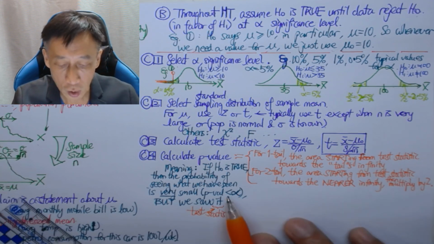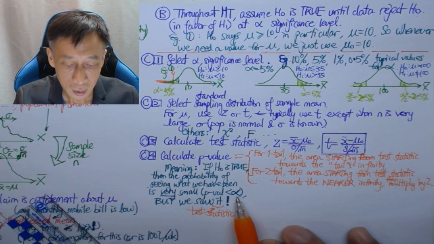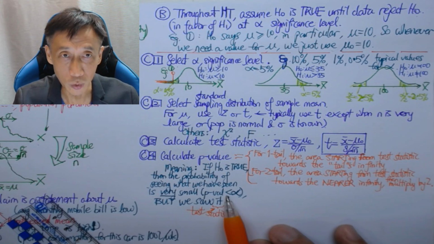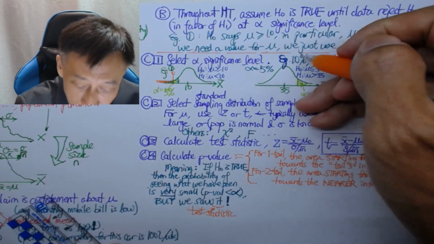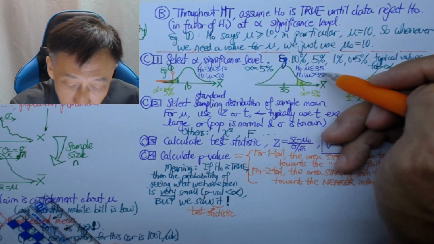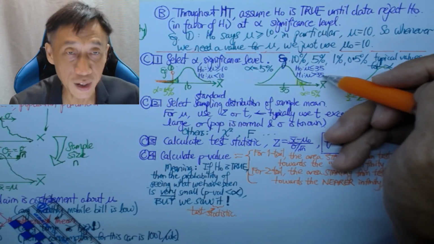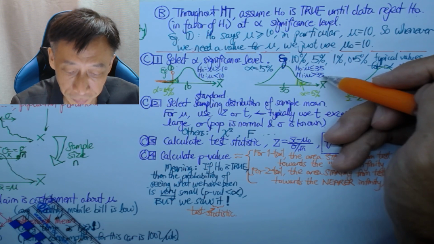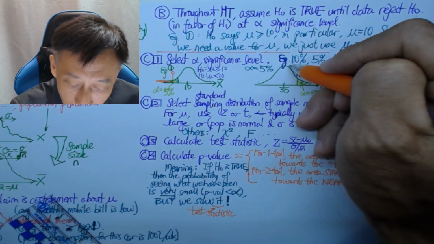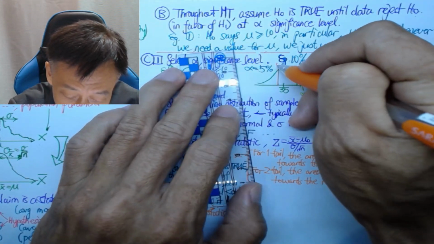Okay. Now, of course, we also have the other case. The other case is easier to fathom, to interpret. For example, we are saying that mu, the temperature, is higher than 35 degrees, right? And our test statistic shows that the position is here.